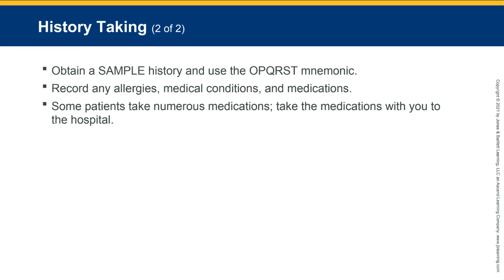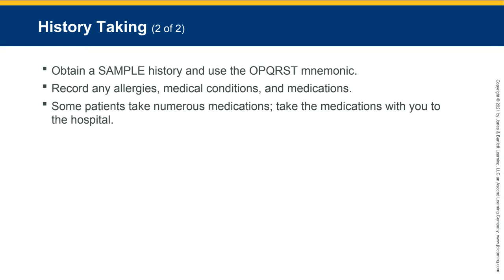So you're going to look at the presenting problem, and you're looking at the onset, what makes it better, what makes it worse, the quality, whether it radiates, the severity, and the timing. That's the OPQRST.